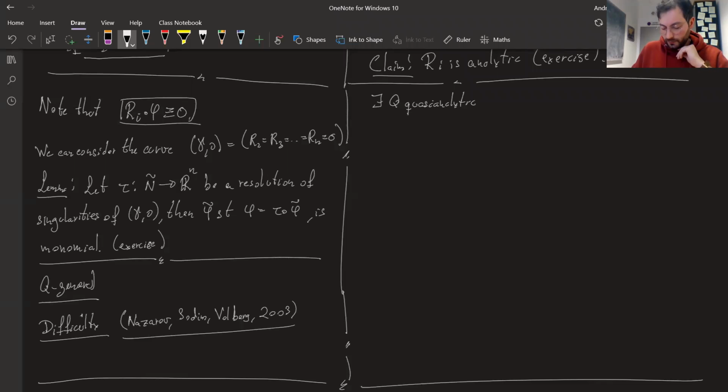And as a matter of fact, the reason I'm saying that there are other examples is that one can actually prove that every quasi-analytic class has the property that I'm going to say here.